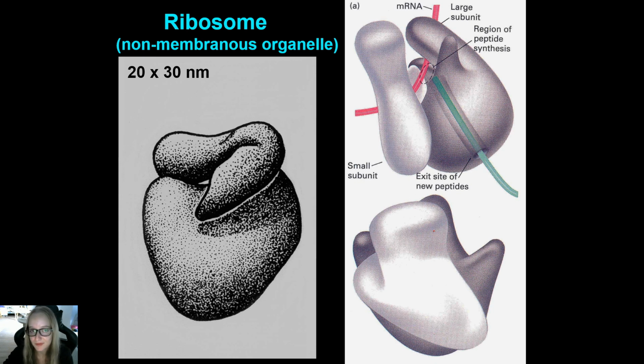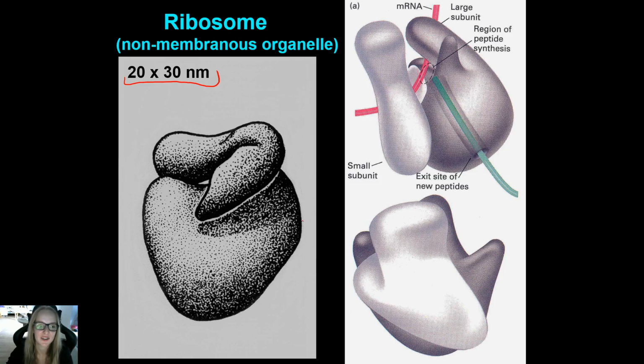A ribosome doesn't have a membrane and is very small, so we're not able to see ribosomes in light microscopy, but we can see them in an electron microscope. They are 20 by 30 nanometers small.